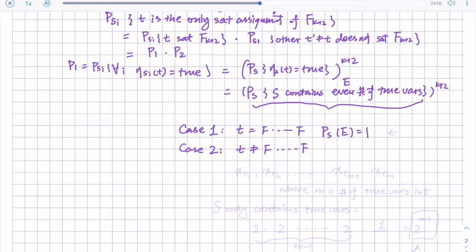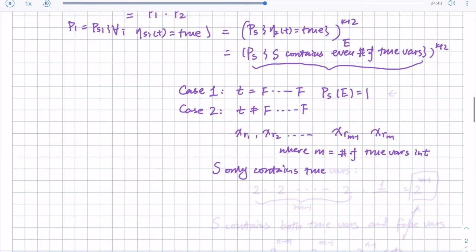So if that is the case, suppose the true variables are xr1, xr2, ..., xr(m-1), xrm, where m is the number of true variables in T. Then if S only contains true variables, the number of different choices for S will be basically 2 times 2 times 2 for the first r minus 1 variables.